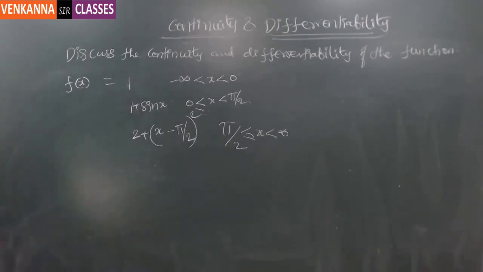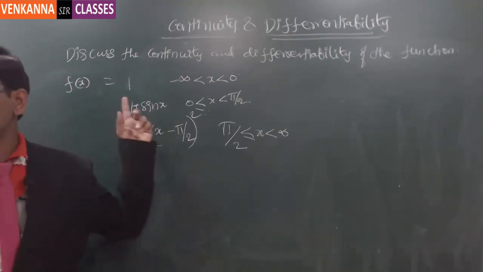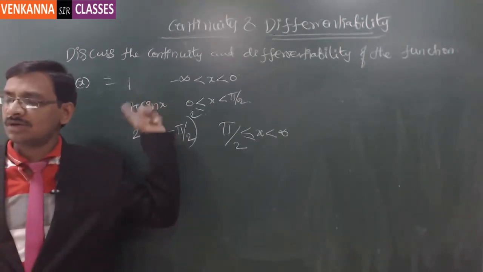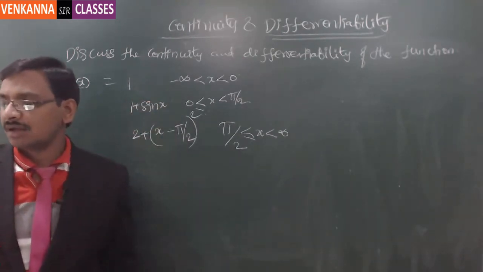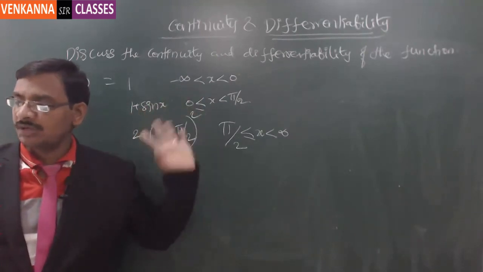Now he asked us to discuss the continuity and differentiability of this particular function. He didn't ask for any particular point here, so we need to identify the points and then test it. This first piece is a constant function. If you draw its graph from minus infinity to 0, without lifting the pen, you will be able to draw it.